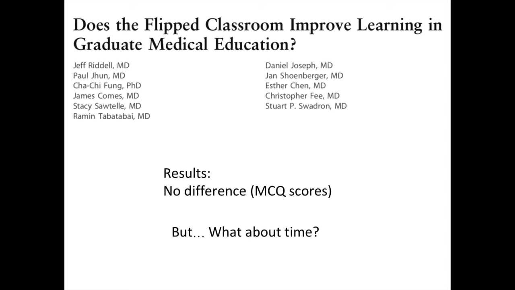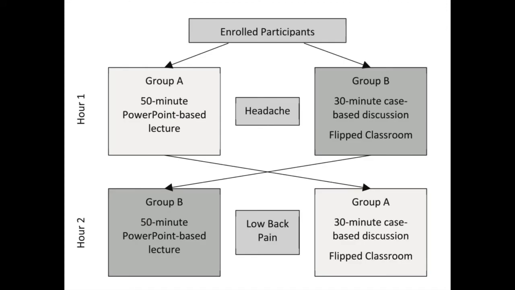And here's their study design. So the participants went into a 50-minute lecture on topic 1 and then a flipped classroom on topic 2 and vice versa. And what you can see is that they only spent 60 minutes in the classroom when they were in the flipped classroom part. And the other 40 minutes of time was actually pushed out to their daily life.